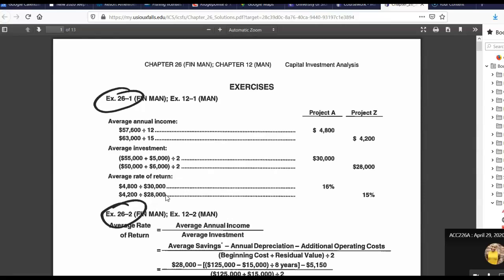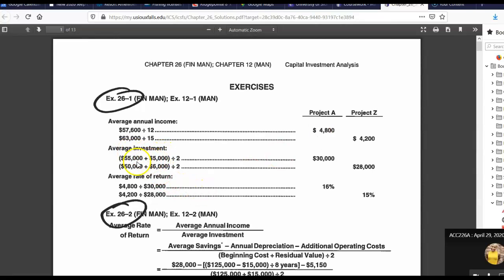They tell us that the estimated total income over the useful life is $57,600. It's got a life of 12 years. So we don't want to know what the total is. In fact, we don't even want to know what it is per year. We want the average. So that's just taking the average, 4,800 for 12 years each.